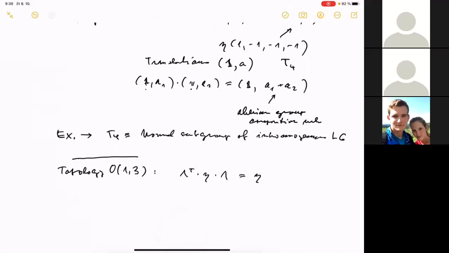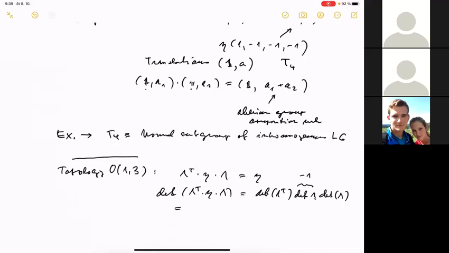And if we take the determinant of this equation, we obtain on one side determinant lambda transpose times determinant eta times determinant lambda, where the determinant of eta, since it is the product of diagonal elements, is -1.